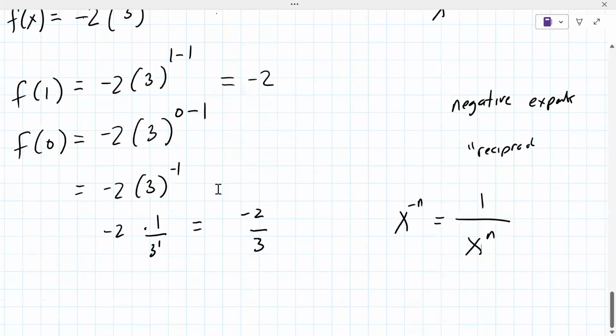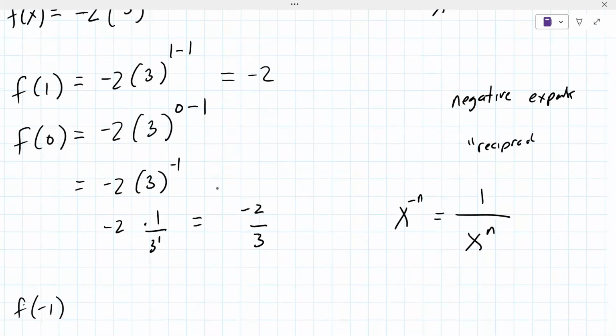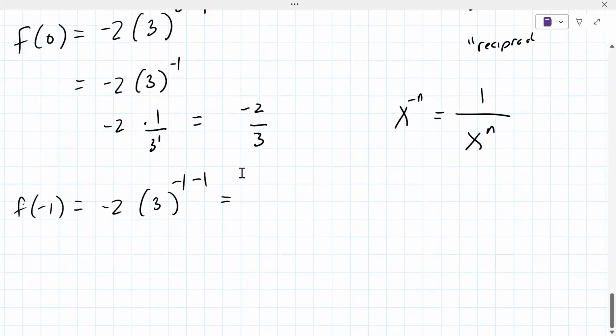Okay, so let's do one more here. Let's do f of -1. That's -2 times 3 to the -1 minus 1 power. Why don't you try, see if you can make some sense of this.